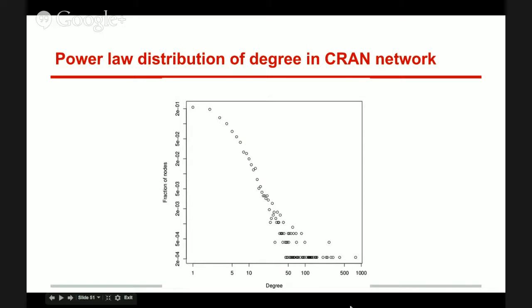And this kind of distribution is called a power law distribution. Has anyone heard of power law distribution before? Okay, no. In layman's terms, they don't like to call it power law distribution. They call it long tail. Yeah, I think most people have heard of the long tail, right?